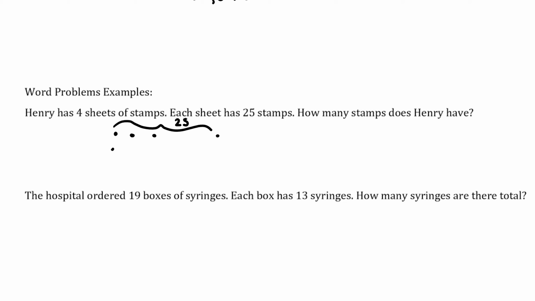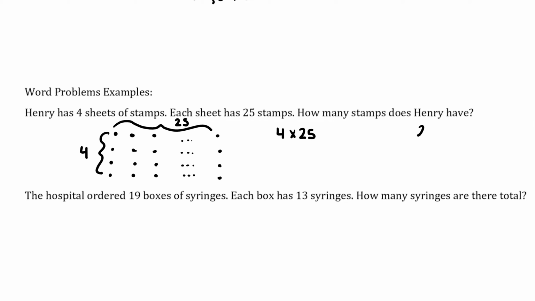And then I've got 4 of those. I'm putting dot, dot, dot in there because I'm not going to draw all 25. There's 4 rows with 25. So the math that I need to do is 4 times 25.